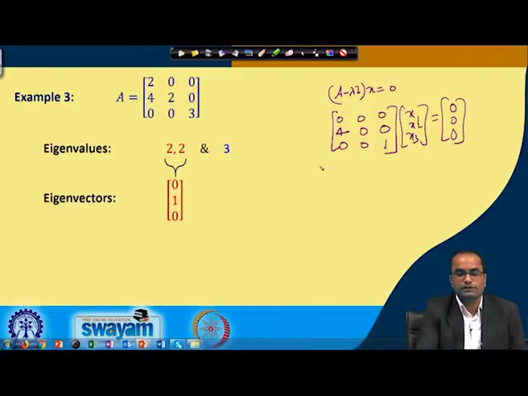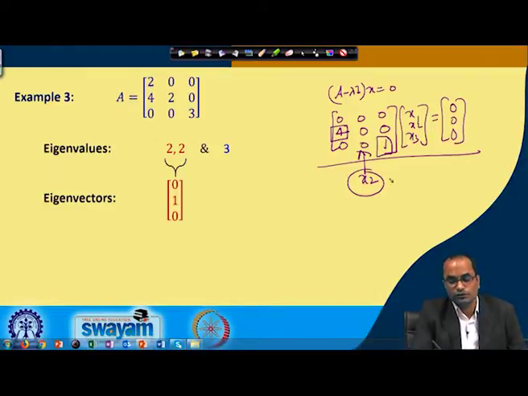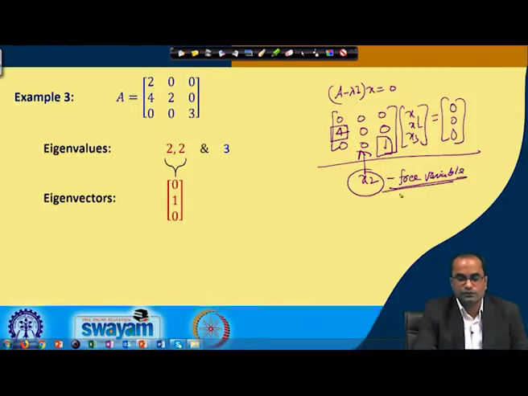For this system of equations, what do we observe? We have 2 pivot elements, this 4 and also this 1, and we have only one free variable, that is x 2. So, x 2 is a free variable, that means we can choose this x 2 to be whatever we like.